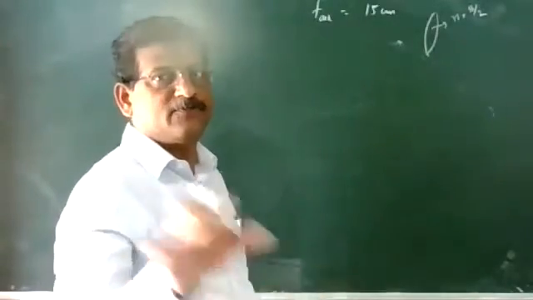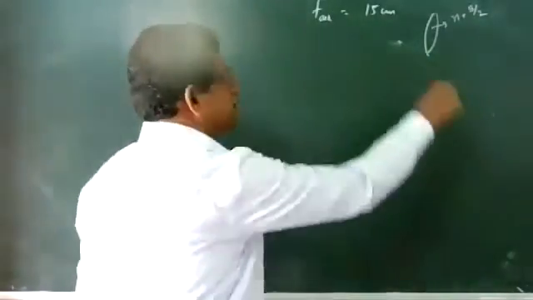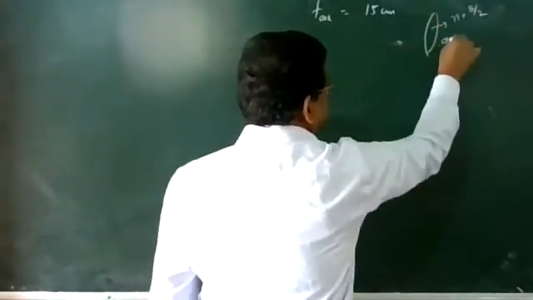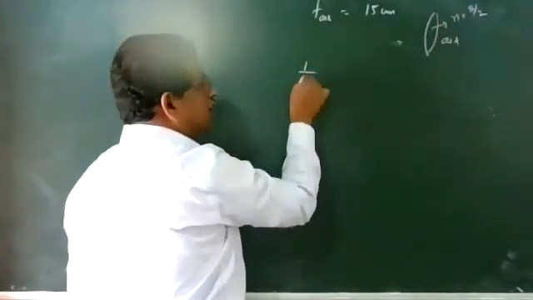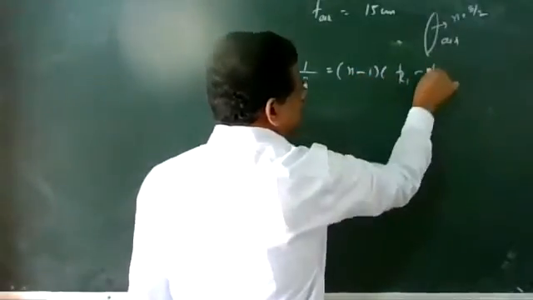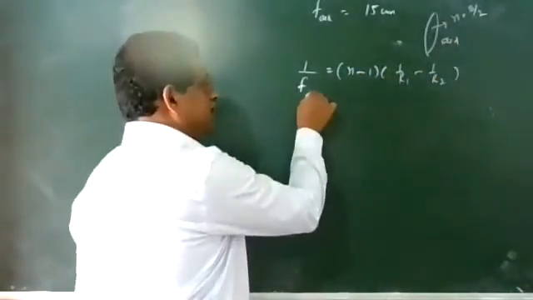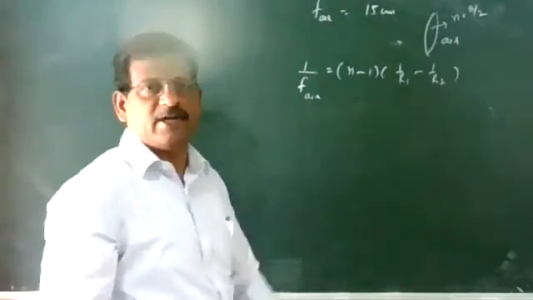So focal length in air is 15 centimeter. Refractive index is given as 3 by 2 with respect to air. This is the air medium. So its equation is 1/f = (n - 1)(1/R1 - 1/R2). F in air value is 15.